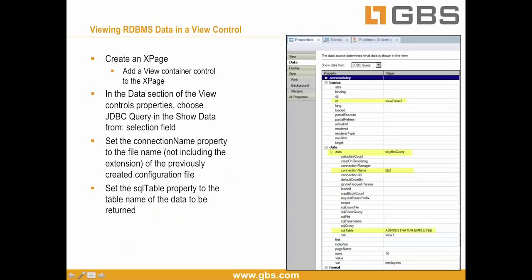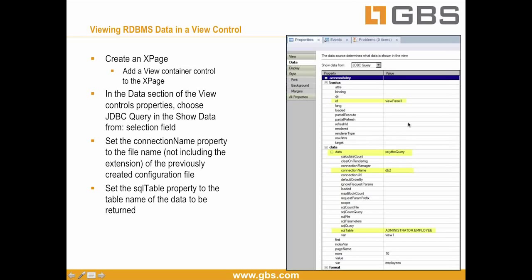You then create an XPage and add a view container control to that XPage. And in the data section, because you've installed the extension library in your design environment, you now have this new data source called JDBC Query. And that's the XE JDBC Query control that's included in the extension library.